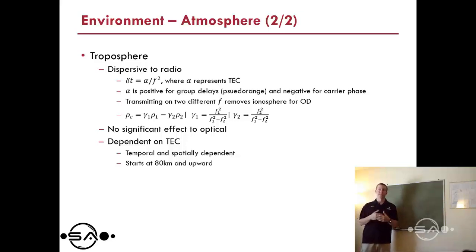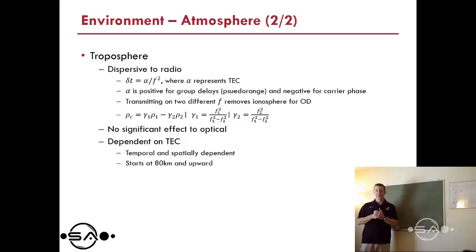So in other words, not really necessarily magnetic, but ionic, where there's free electrons and other charged particles in that region of the atmosphere that will affect the electromagnetic wave that's propagating, in other words, the radio wave around that frequency.